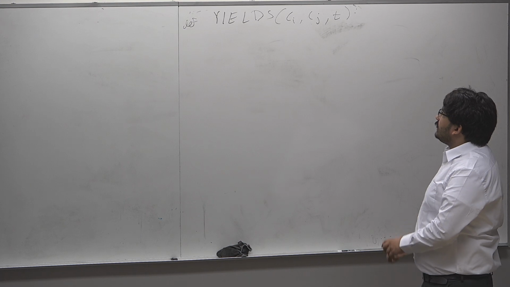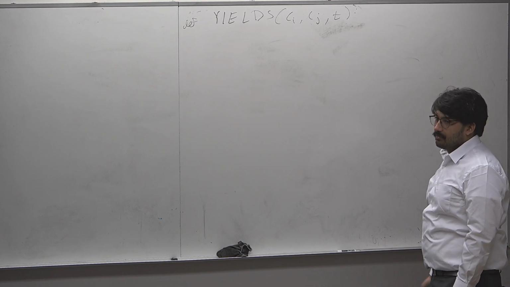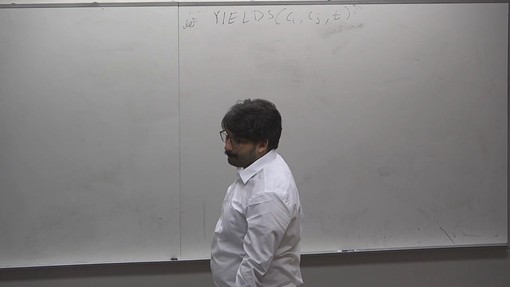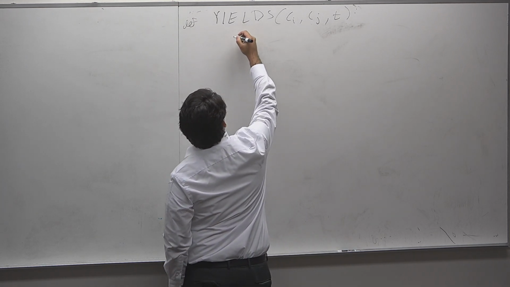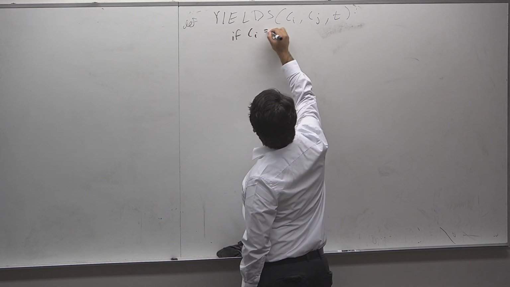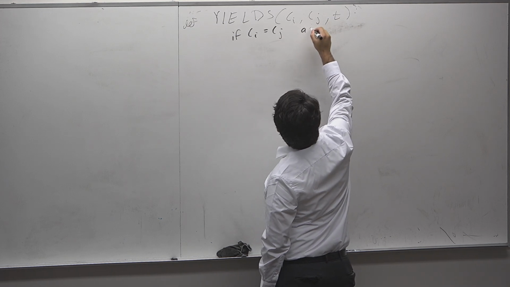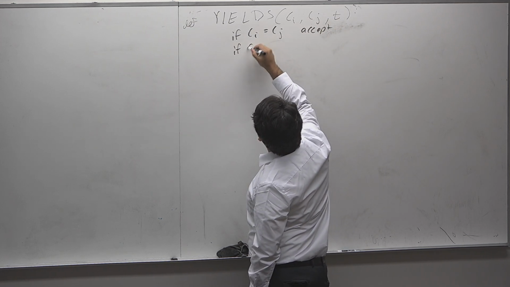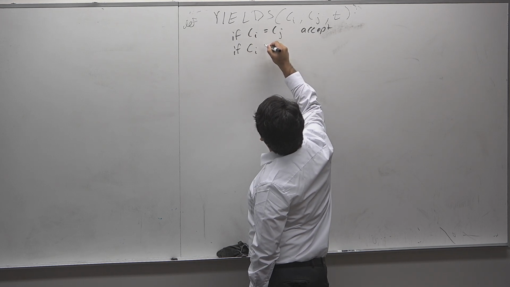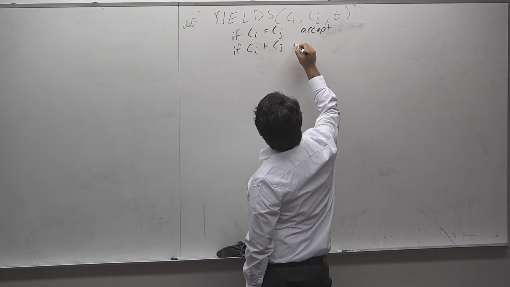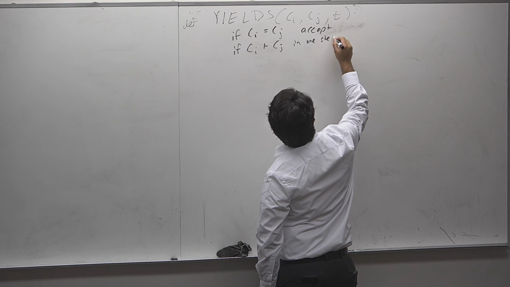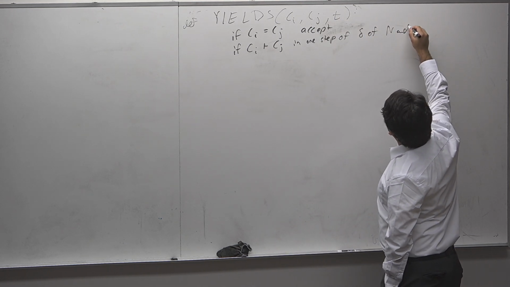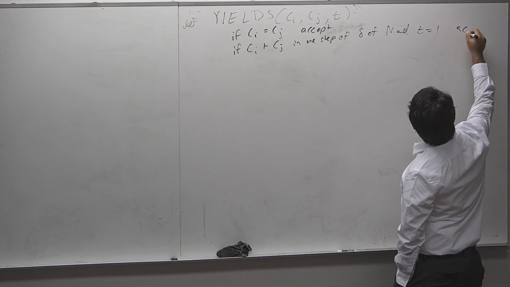What is a base case of such a recursive algorithm? CI is equal to CJ. Yeah. Let's just say if CI equals CJ, accept. Or if CI yields CJ in one step of delta of n, and T is equal to 1, accept.